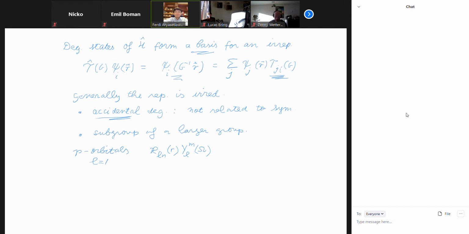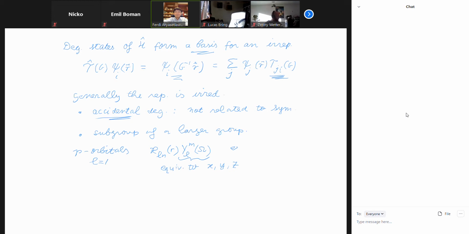The spherical harmonics for L equal to 1 is equivalent to x, y, and z. You can form linear combinations of the spherical harmonics, and then you get x, y, and z. You should divide by r here, but it's just a constant, not important. So it transforms according to x, y, and z.